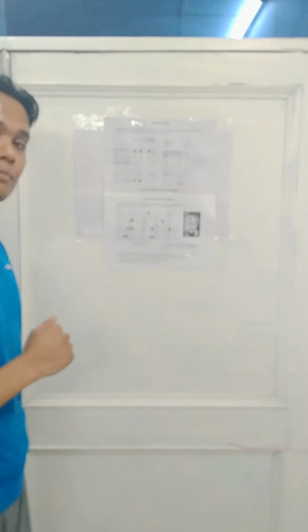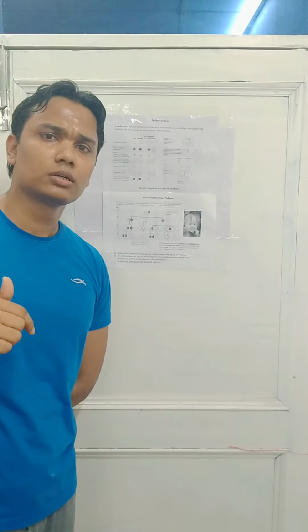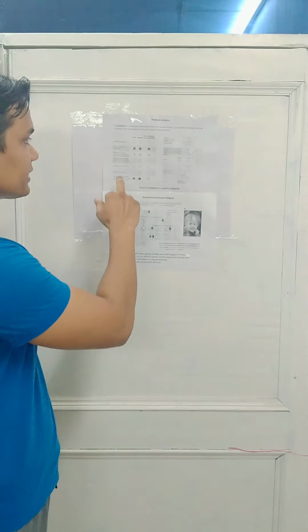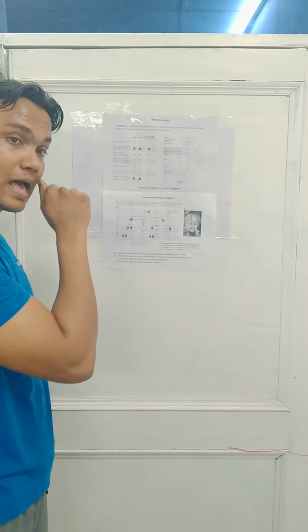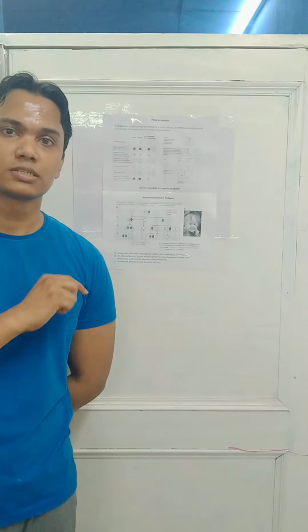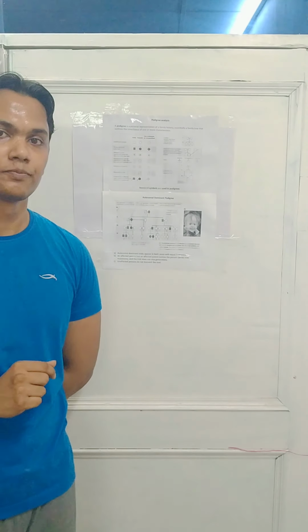Now, in some cases, the disease is not clearly identified. That means you have a carrier which is asymptomatic, that means unaffected at the time when you are trying to study the disease in that individual.